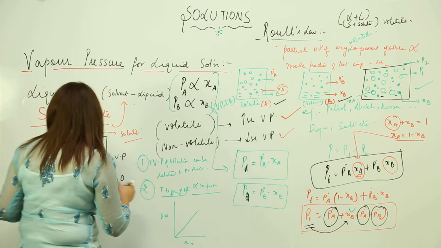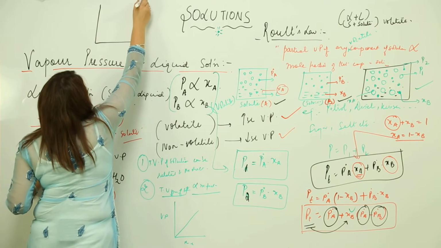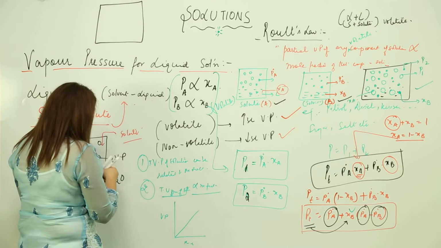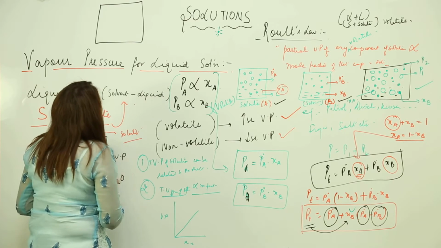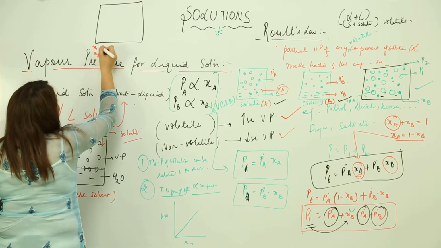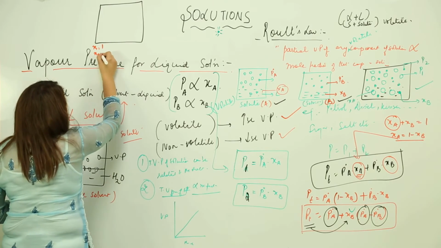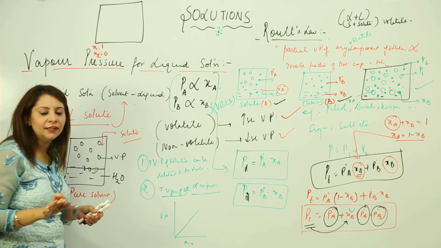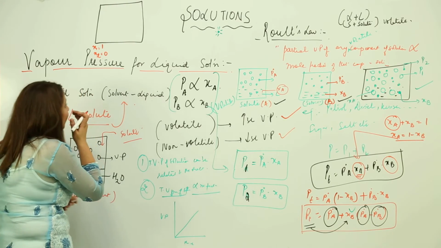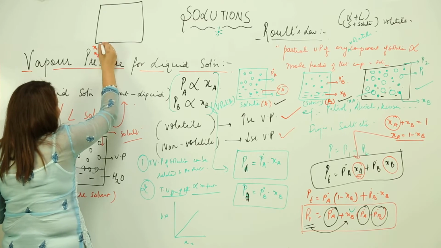So let us make the graph here. Let us assume that we have two components, 1 and 2, or A and B, whatever. Let us say the mole fraction of the first component, x1, is 1, and the second component is non-volatile, or it is not present. When it is not present, obviously the vapor pressure is just going to be due to x1.